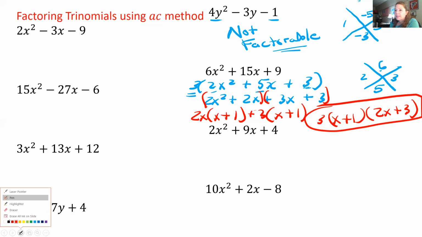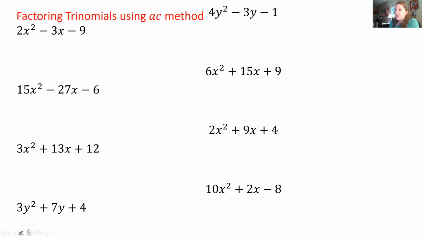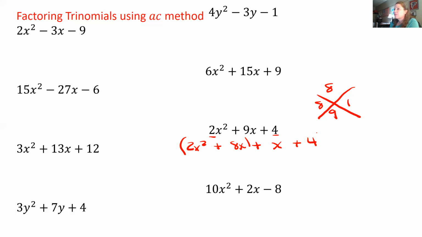All right, I'm going to erase all this. The next one, we're going to multiply 2 times 4, and we get 8. So what 2 factors will give us 8 and a sum of 9? So that would be 8 and 1. Bring down 2x squared plus 8x plus 1x plus 4. Then we're going to group.